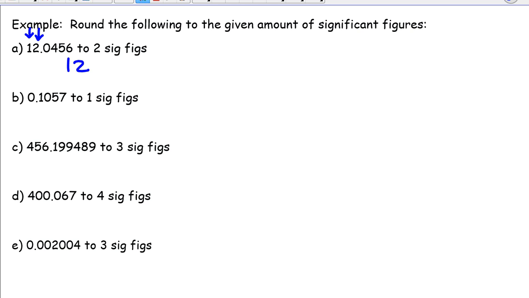Now remember what I said, the leading zeros are never significant. So 1 is the first significant figure. So to one significant figure, that will just be 0.1, because if you look at the next number, it's 0, so just ignore it. 3 significant figures, in this case, that's my first significant figure, that's the second, that's the third. Look at the next one, it's 1, so ignore it. So my answer will be 456.